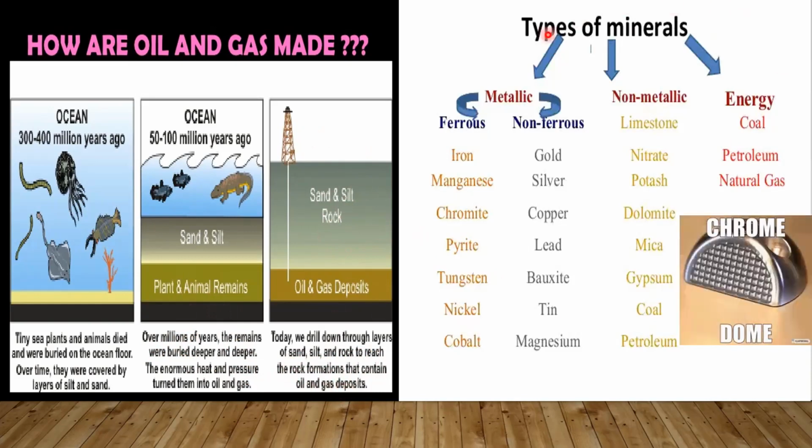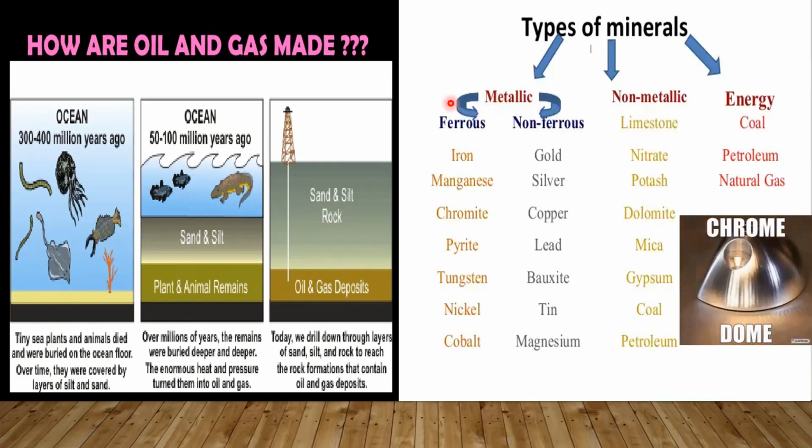Coming to the different types of minerals, what we have studied today was metallic minerals. In metallic minerals, if iron is one of the components, they are called ferrous, and those not containing any iron are called non-ferrous. For example, iron, manganese, chromite, pyrite, tungsten, nickel, and cobalt are all ferrous metallic minerals.